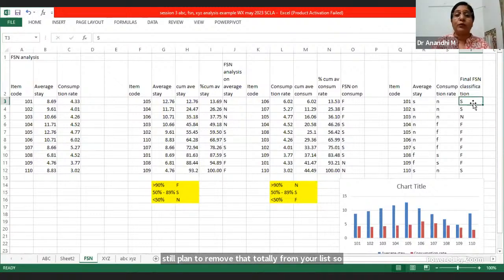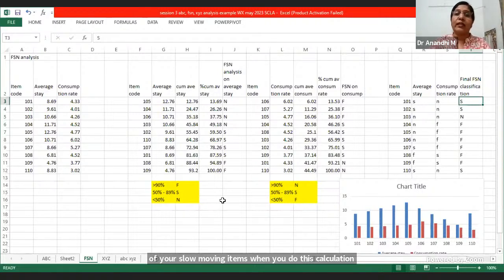But then what happens when you do such exercises? Some of your slow-moving items, when you do this calculation of efficiency analysis, will deliberately go and sit under the non-moving items if you are going to remove the non-moving items completely from your list.